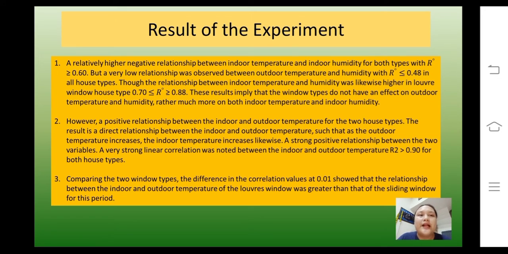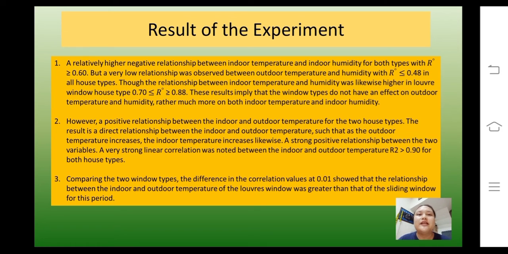This result implies that the window types do not have an effect on outdoor temperature and humidity, rather much more on both indoor temperature and indoor humidity. However, there is a positive relationship between the indoor and outdoor temperature for the two house types.